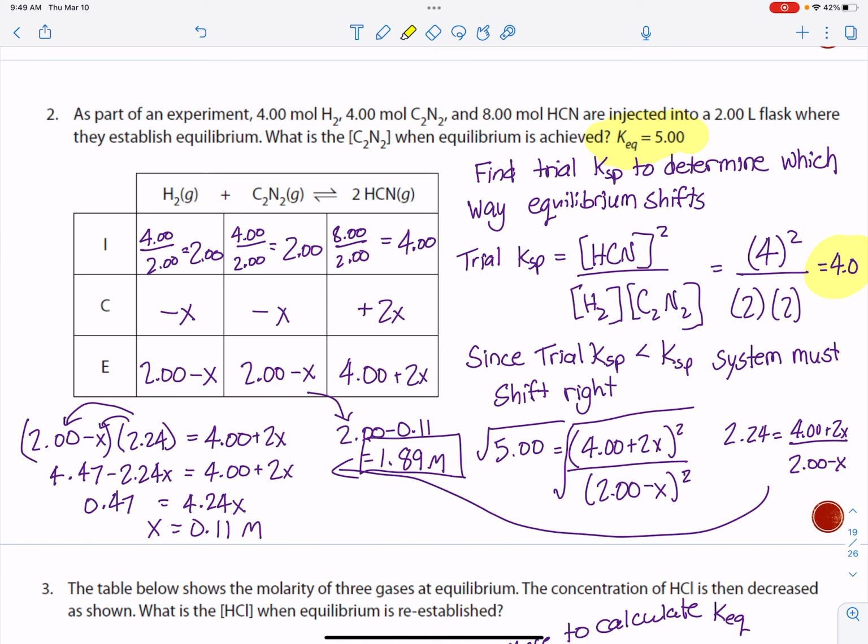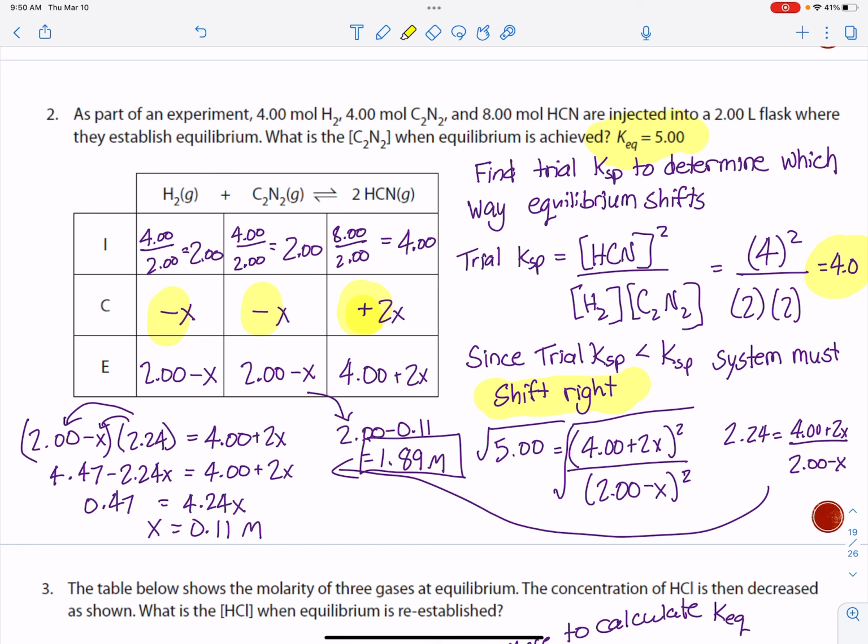We know that the system is going to shift to take that 4.0 to 5.0, so I need to make more products, which tells me that I have to shift right. So that's why I'm going to assign the right-hand shift. I've got a positive value there for the hydrocyanic acid, and negatives for the hydrogen and the C2N2.